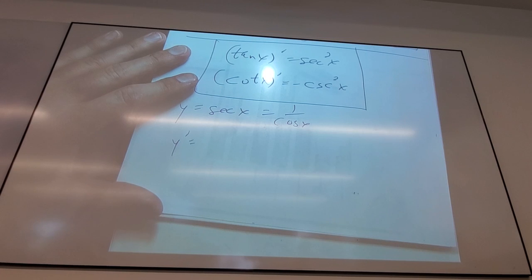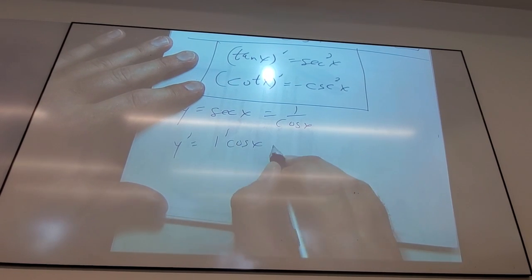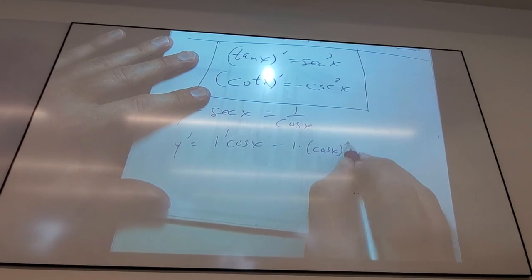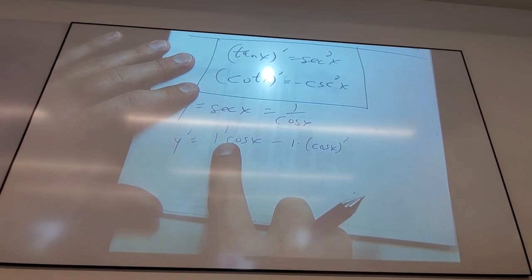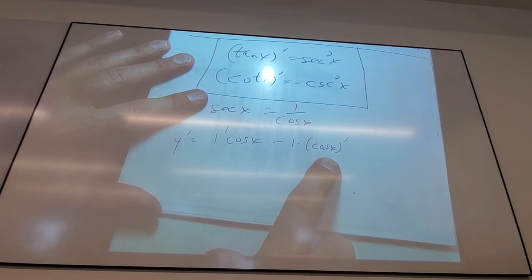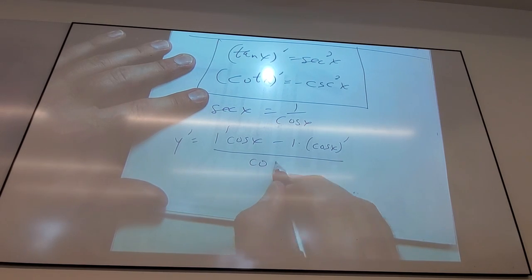Quotient rule says what? What gets me started? Top first. So the top gets a turn first, the other guy waits, minus, the top waits, the other guy gets a turn. All over cosine squared.